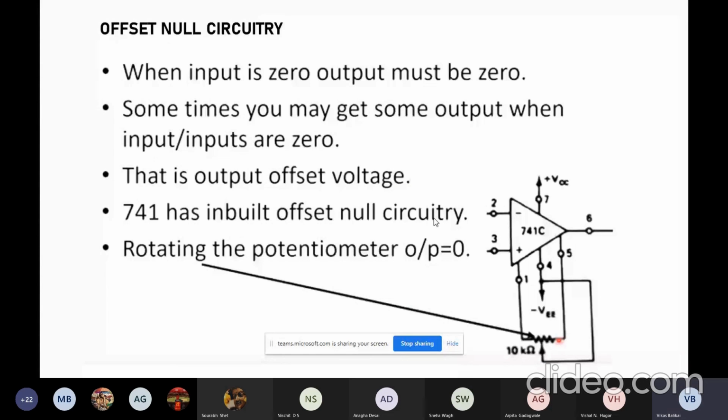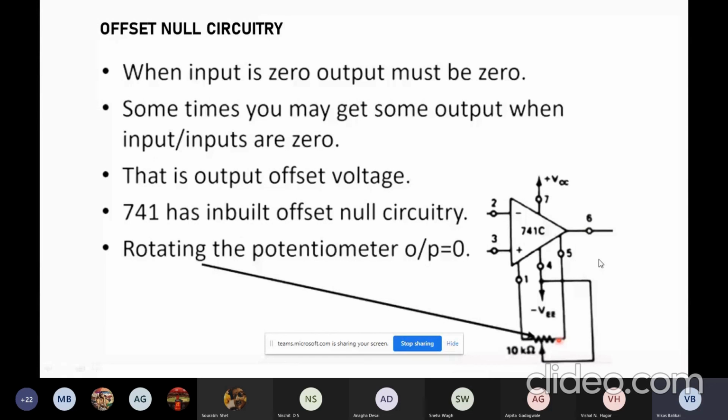Now here, let me try to give you something about what is known as offset null circuitry. Why is this really an important thing when we talk about the op-amp? Basically, when the input is 0, the output must be 0. Or when we are connecting the same voltages to the inputs, the output should also be giving the value as 0. But most of the time in practical scenarios, this doesn't happen.